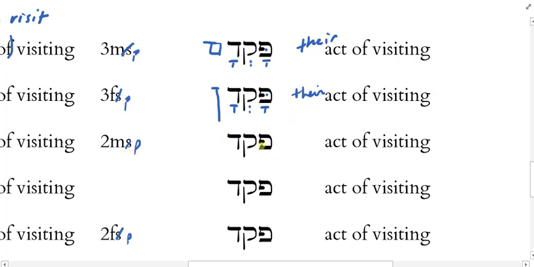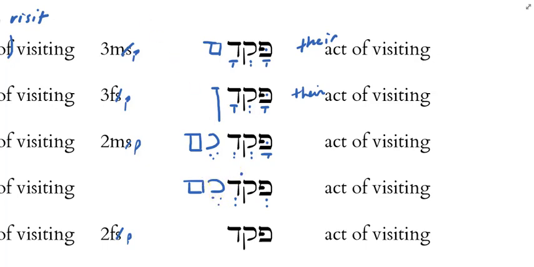For the 2mp, I could retain the poke pattern. Poke-dekhem. Remember, I have khem and khen. Poke-dekhem. Or I could retain the pakod pattern with the vocal shva first and add khem, silent shva, but remember the accent's over here on the end, so this has to be reduced to a short vowel because it's closed and unaccented.